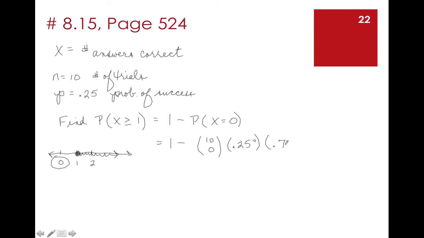So probability of failure is 0.75. So this is something you easily could just do in your calculator. Another thing we could do is just do that binomial PDF, because it is x equals 0. And then we can just get that answer and do 1 minus it. Okay, so let's go take a look at that.